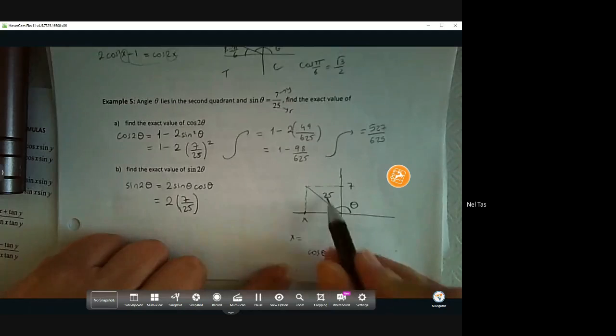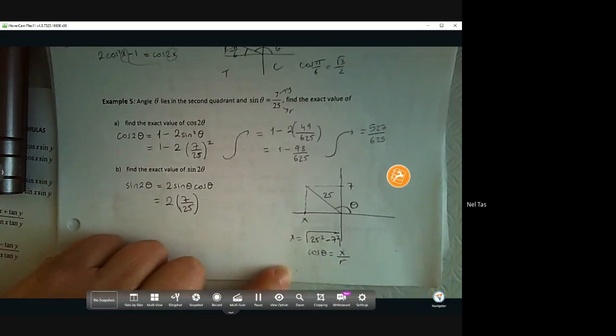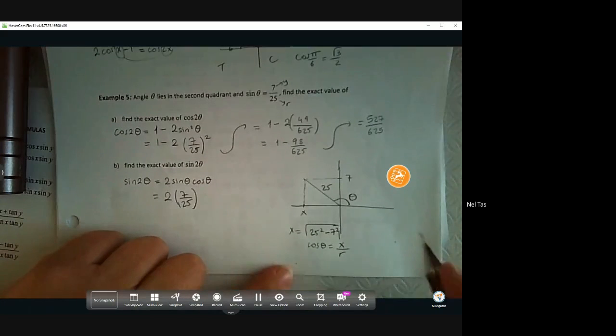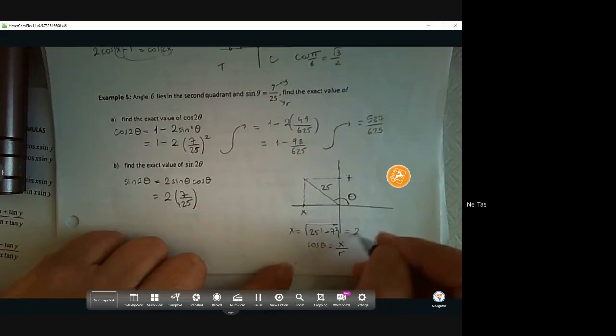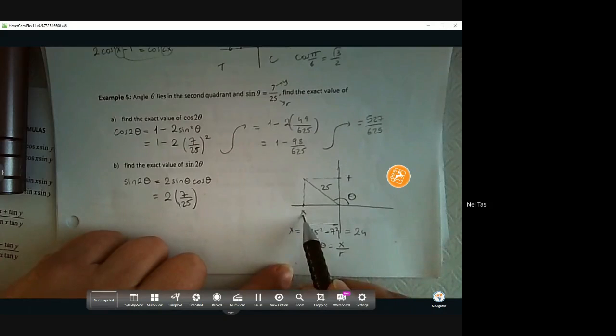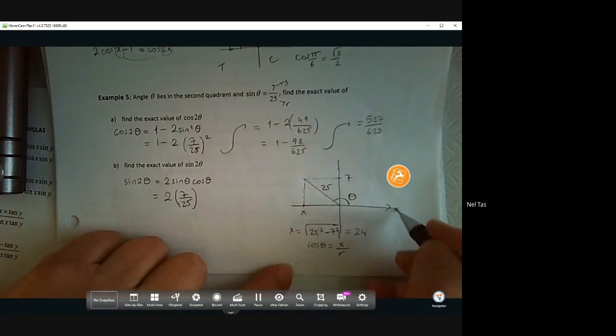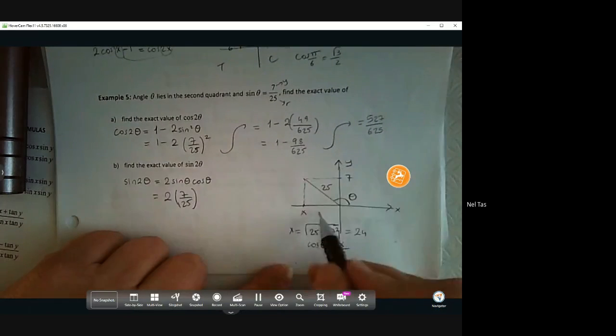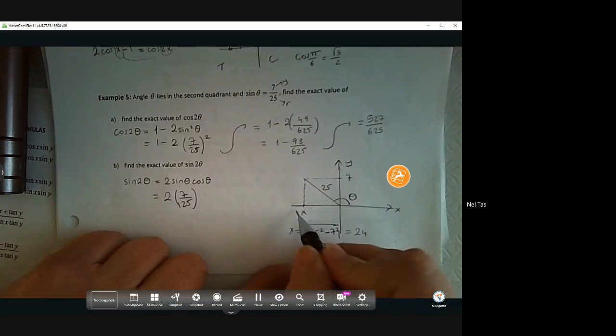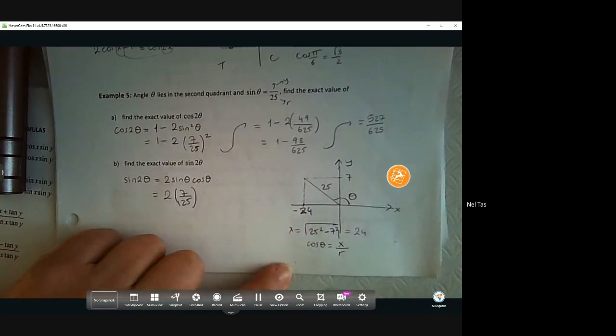X is going to be, using Pythagorean, the square root of 25 squared minus 7 squared. That is going to give you 24. So x is 24, but because x is on the negative x-axis, we have negative 24.